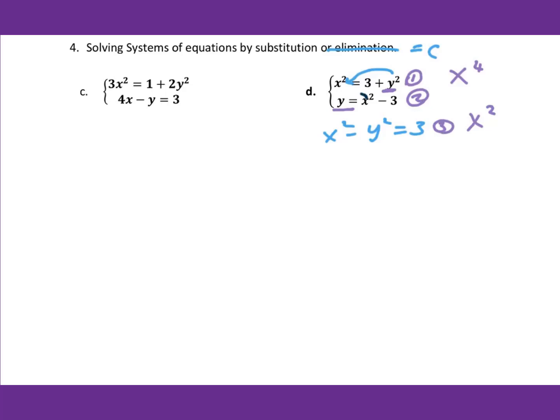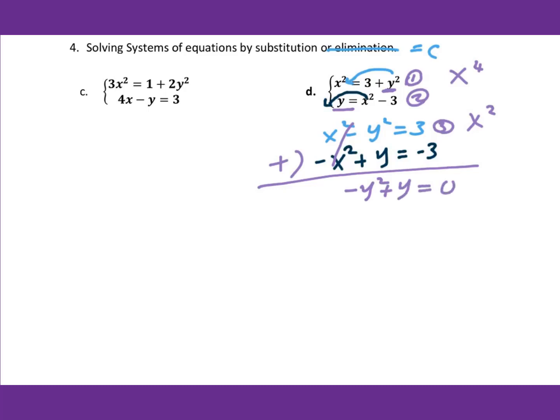For the second one, I will move x squared to the left side: negative x squared plus y equals negative 3. So we add together, you will get negative y squared plus y equals 0.